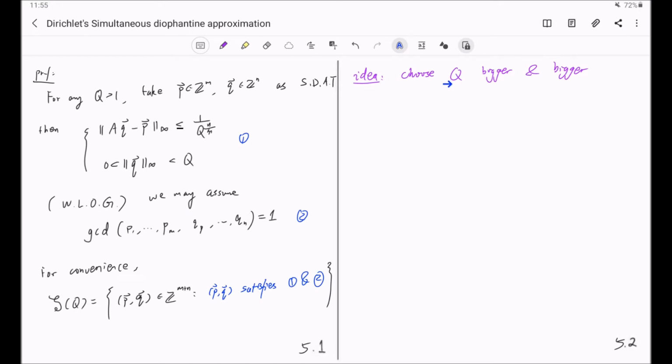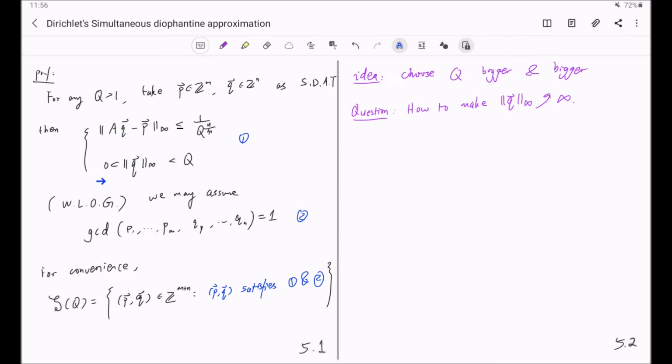When you choose Q bigger and bigger, how are you going to control that this q has norm bigger and bigger, and the norm of q goes to infinity? To this end, we must have a better understanding of how this Q will influence our choice of p and q.